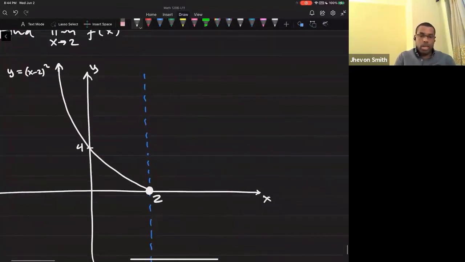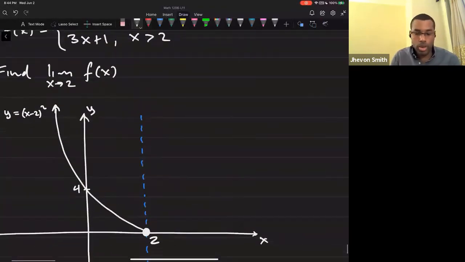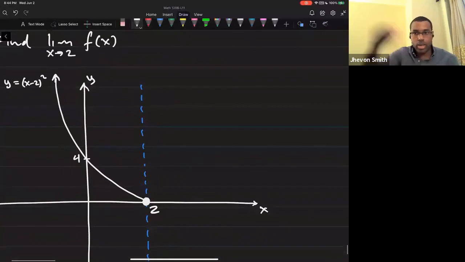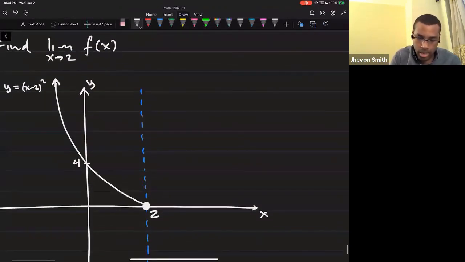Now on the right side, it's something different. It's 3x plus 1. So I know what 3x plus 1 looks like. It's just like a straight line. It would have the y-intercept at plus 1 with positive slope. But that only works on the right side of this line. Now at 2, 3x plus 1 would be 7.